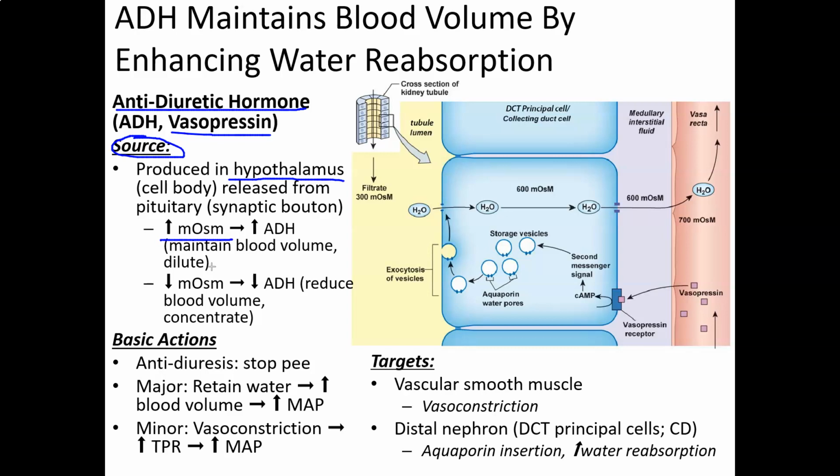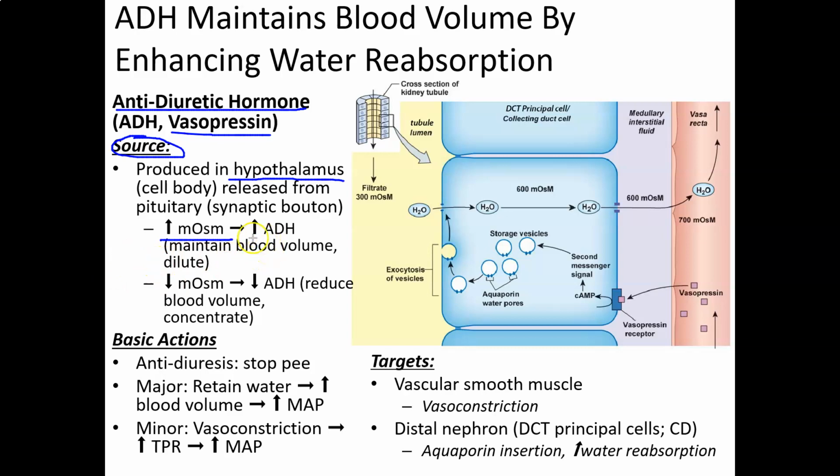The same is true if it went the other way. If osmolarity decreased, it means that we have a lot more water in our blood, and so we would decrease the ADH, which would reduce the blood volume and help concentrate our osmolarity back up to what it was for normal.